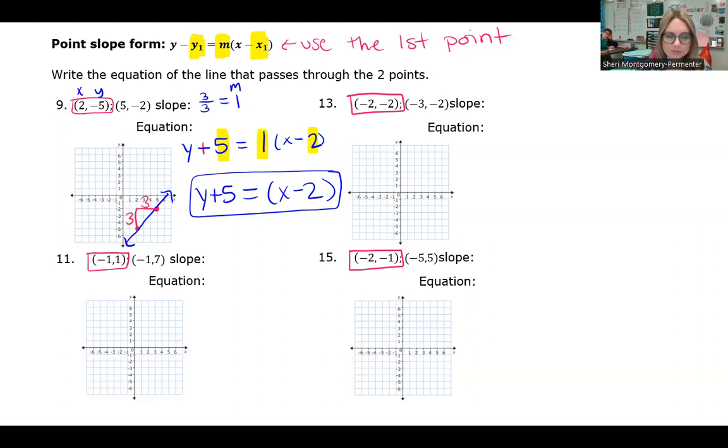For question 11, I'm going to go plot my points. That's a different kind of line, right? I definitely have an up, but do I have any kind of over?